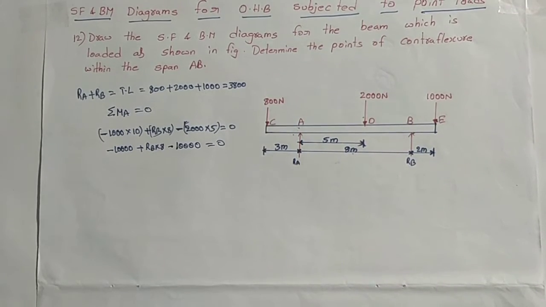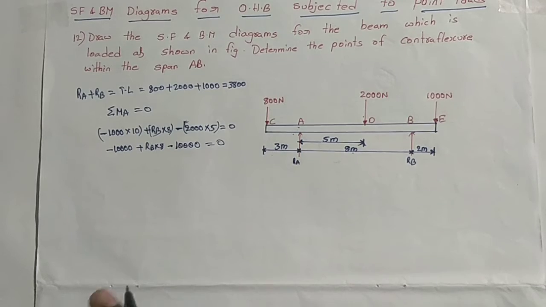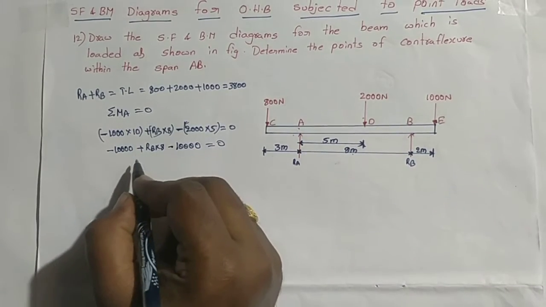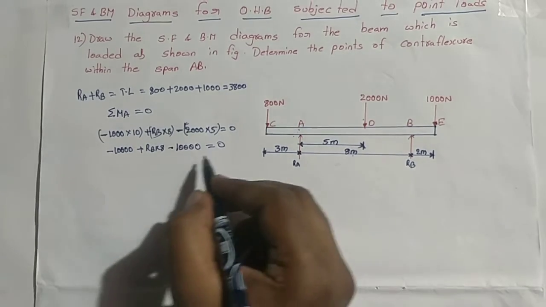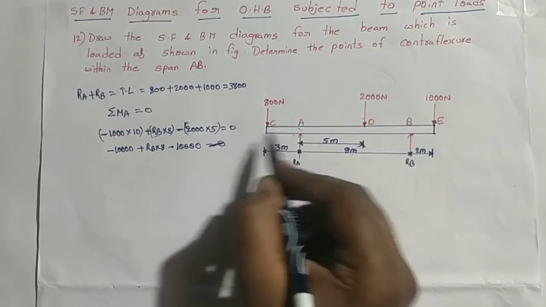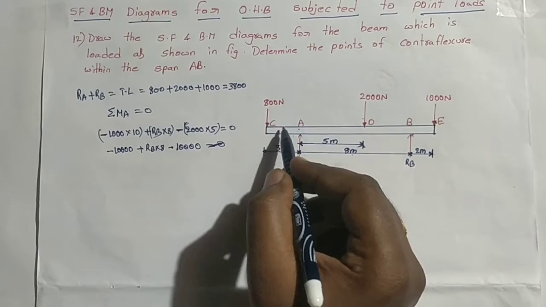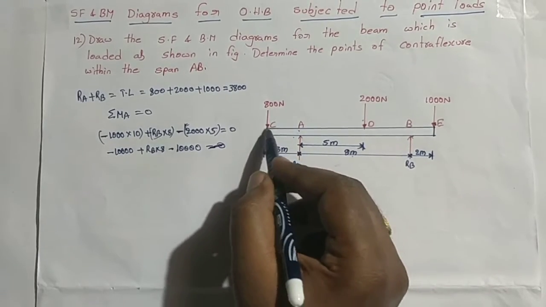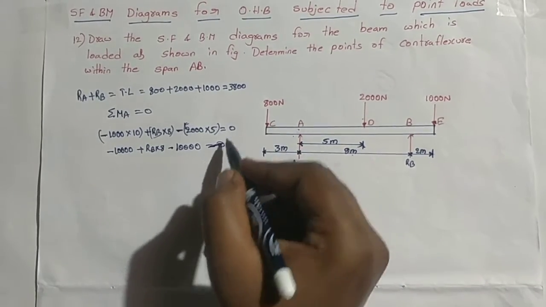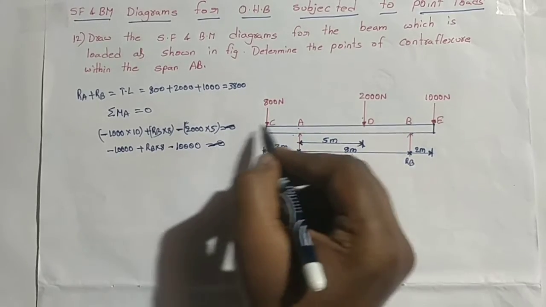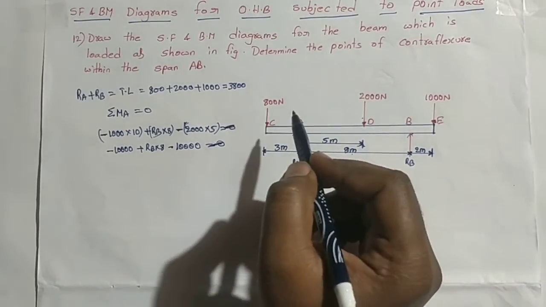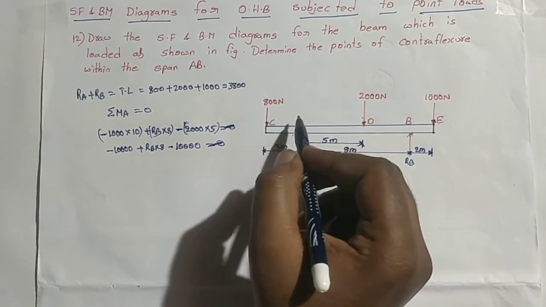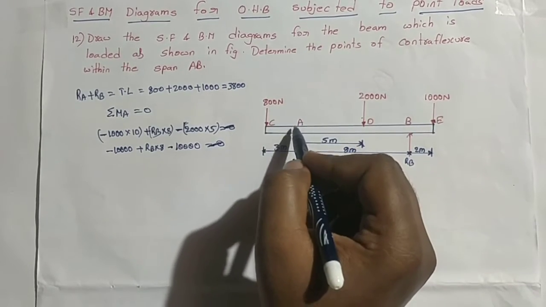Here, the left side of A has one more load. For this load also we need to consider. The 800 newtons is acting on the left side of A, so the sign convention is opposite to the right side.